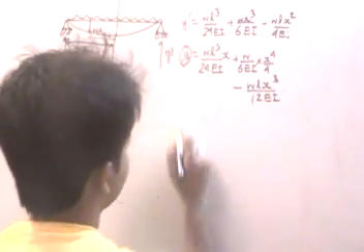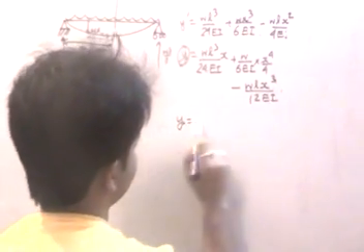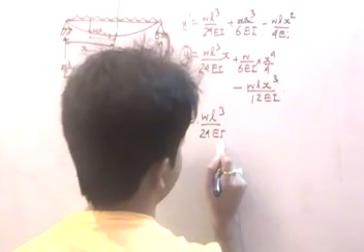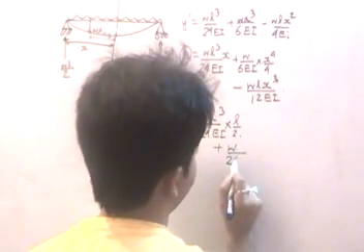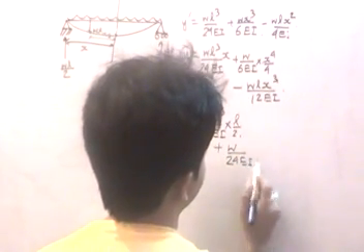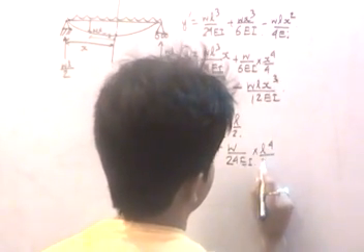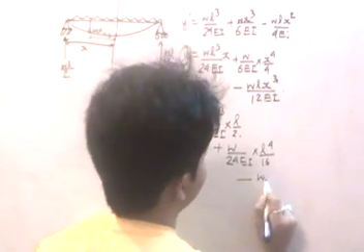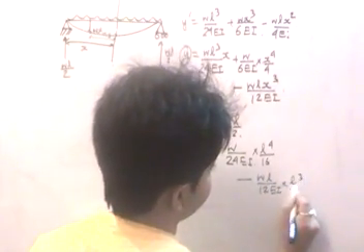So at x is equal to L by 2, y will be equal to WL cube by 24 EI into L by 2, plus W by 24 EI into L to the power 4 by 16, minus WL by 12 EI into L cube by 8.